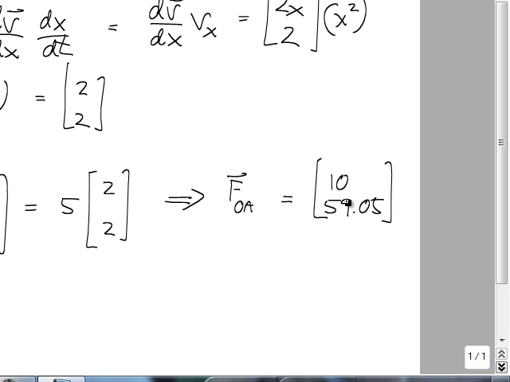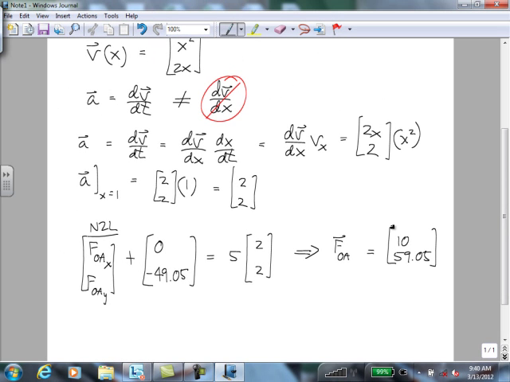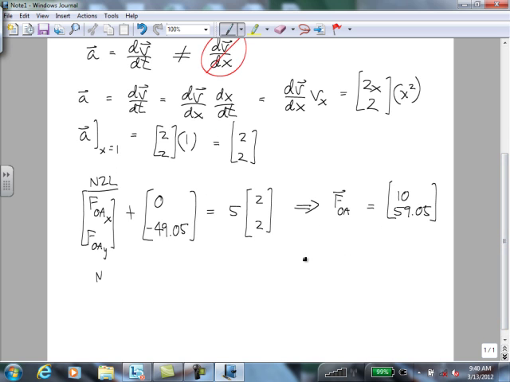Once you get there, a bunch of people, I only took 1 point off for this, but I didn't ask for the force on the object by the arm. I asked for the force on the arm by the object. So now you just use Newton's third law and say the force on the arm by the object is equal to the negative of the force on the object by the arm.